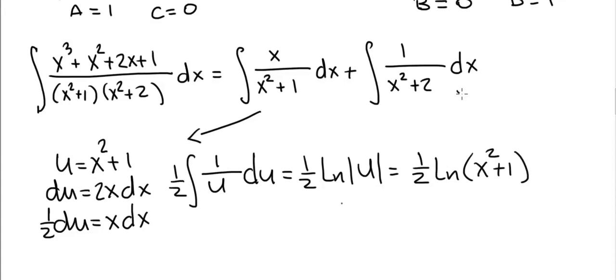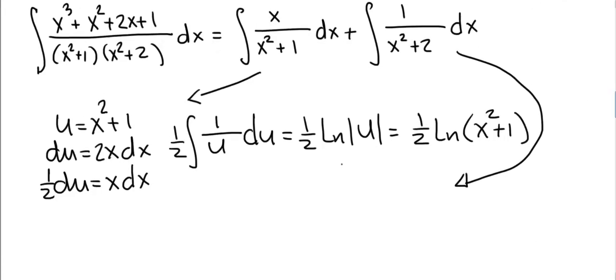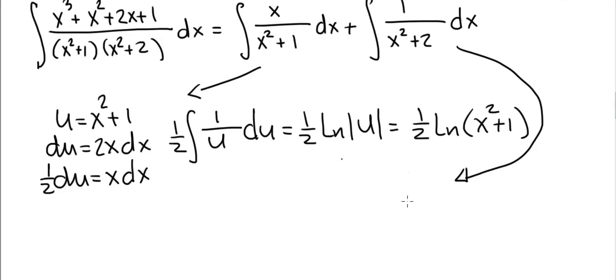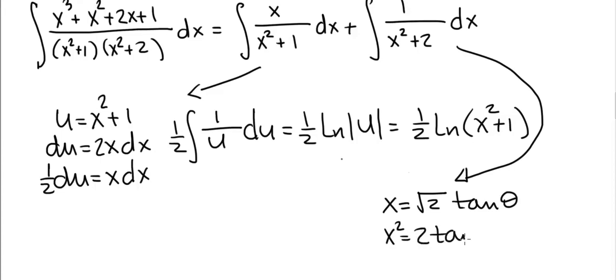For the second integral, if you know the formula, you can use it. If you don't, you can use trig substitution. We take the square root of 2 and write the substitution as x equal to square root of 2 times tangent theta. So x squared will be 2 times tangent squared of theta.